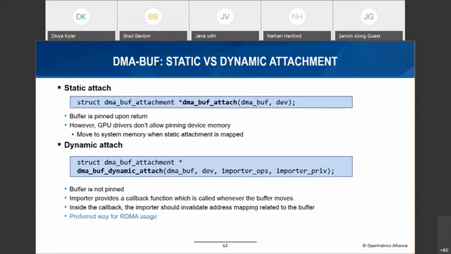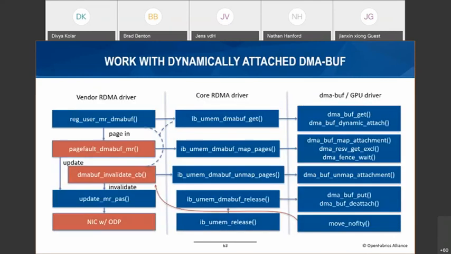Okay, next slide, please. So here's a workflow of how we did that inside the kernel space to handle the dynamic attached DMA-BUF. In the middle is a set of helper functions we implemented in the RDMA core, the core driver.